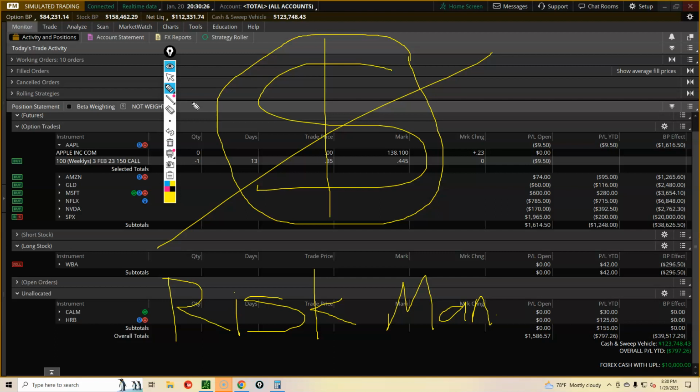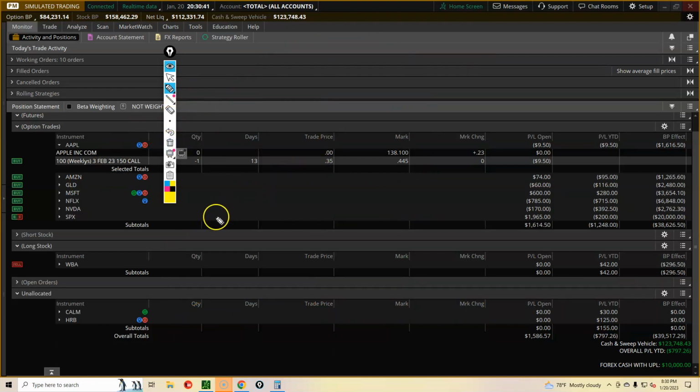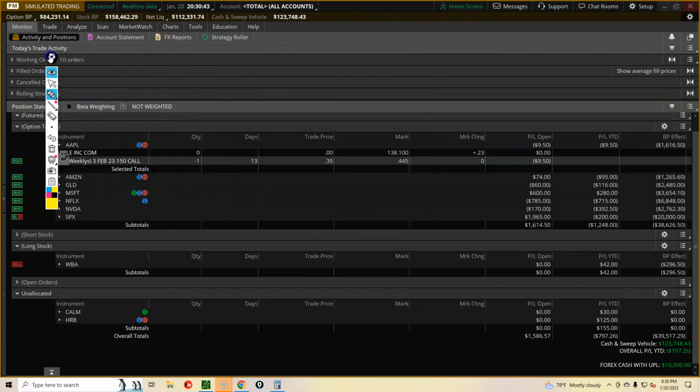I didn't totally blow it up, but I lost about 60% of my value in 2 weeks. Then I'm licking my wounds, and it was probably a couple months before I started getting back into it.